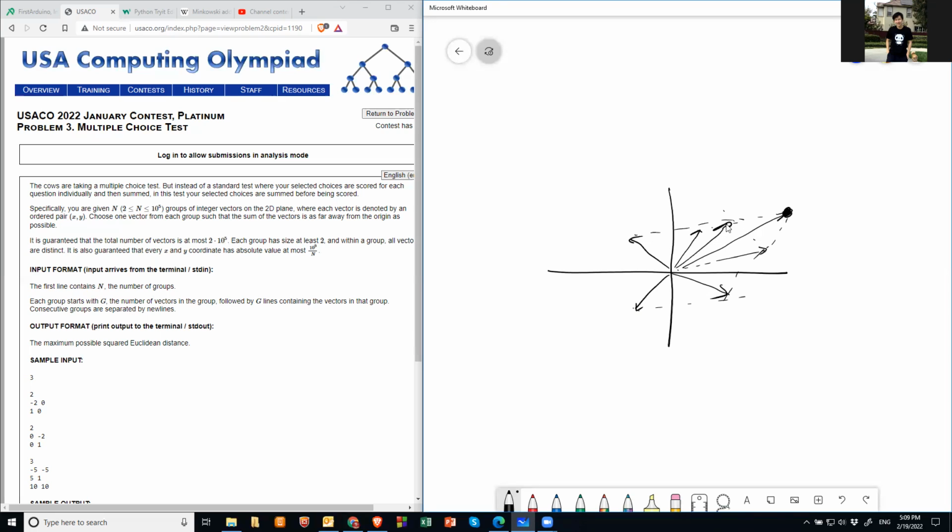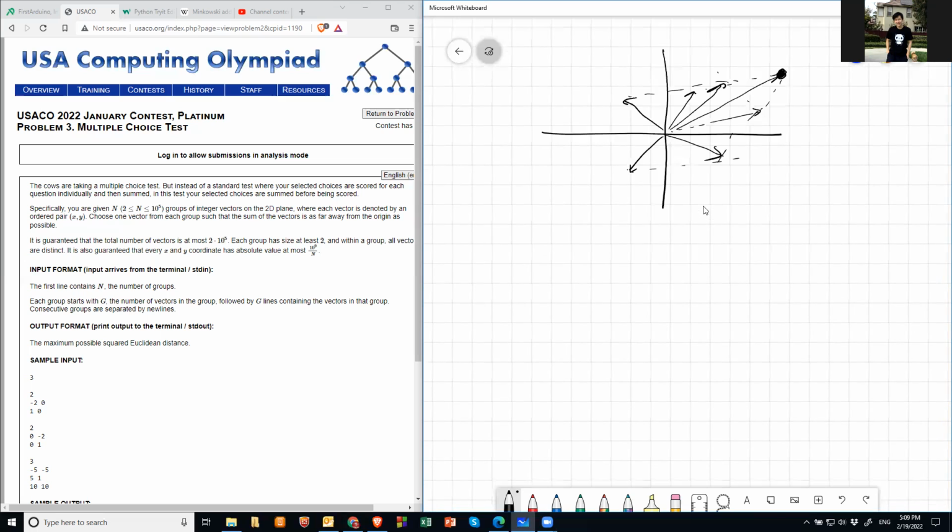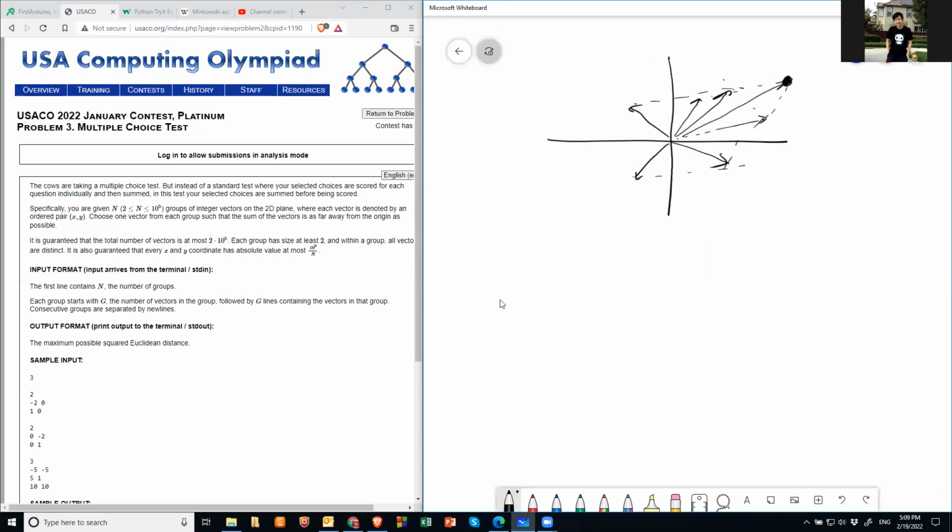By this plot, actually you already get some hint. Let's redraw this, in the previous case.